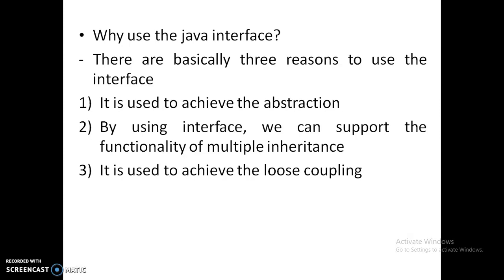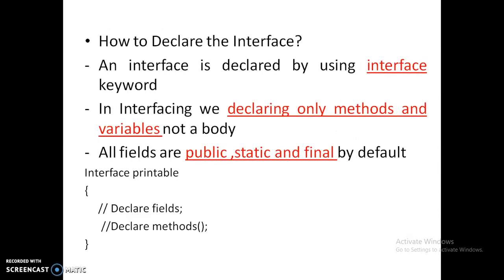Now we will see the next step: how to declare interfaces, exactly how to write the code for interfaces, and how to implement those interfaces in a class. For declaring interfaces, there are three rules. The first one is declaring the interface with the interface keyword.